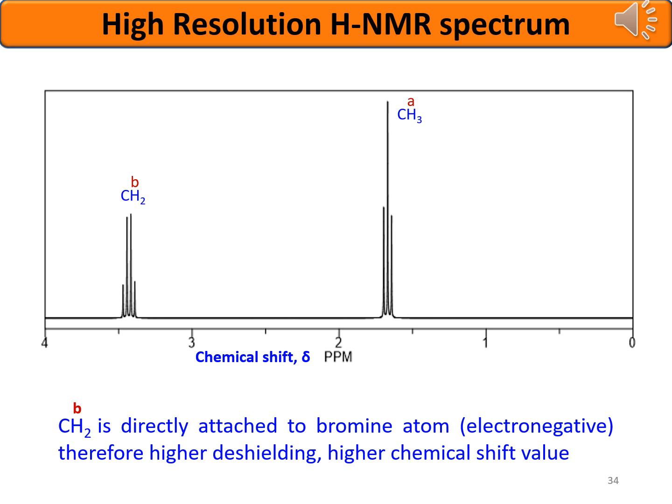So this is the high resolution spectrum of ethyl bromide, where CH2 forms a quartet and CH3 forms a triplet, and here the CH2 proton is directly attached to the electronegative bromine atom. So this proton is highly deshielded and appears on the high delta side compared to the CH3 proton.